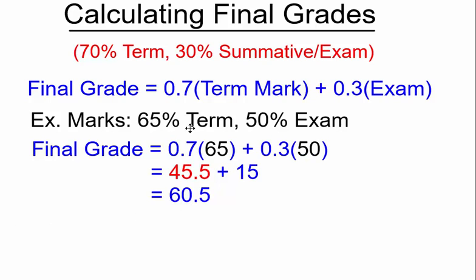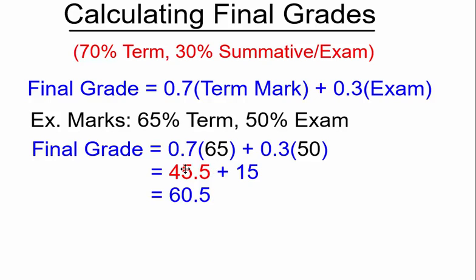One more here, 65% term, 50% exam, exact same calculation. 0.7 times the 65, 0.3 times the 50, and you see I had 45.5 from this, plus 15 more gives me a 60 overall.